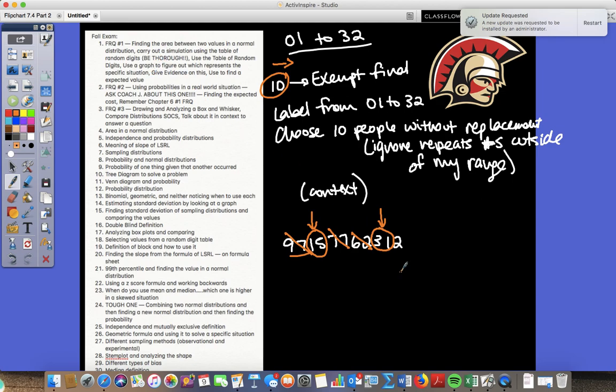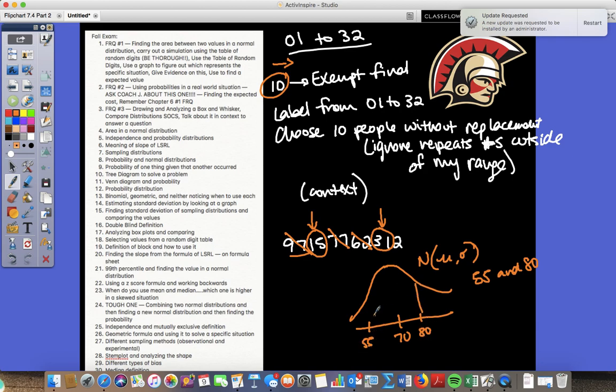Also, finding the area between two values in a normal distribution. If I have a normal distribution with our mean and standard deviation, let's say the mean was 70, and I ask what's the probability of getting something between 55 and 80, we would know that 55 would be here, 80 would be about right here, and then we would just find the area in between.